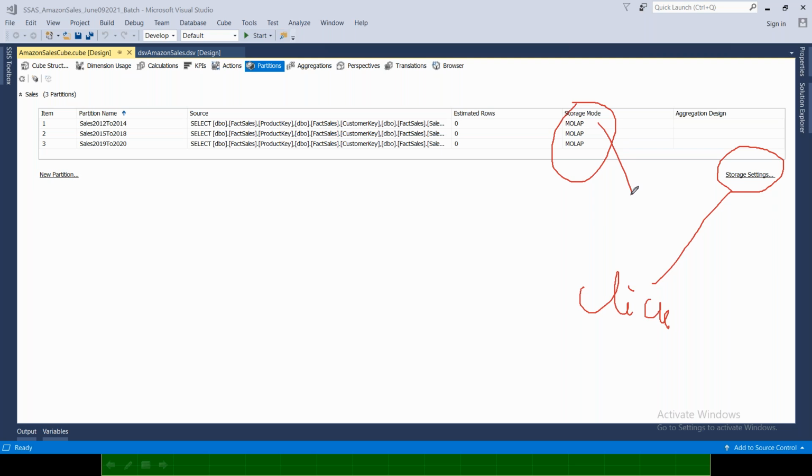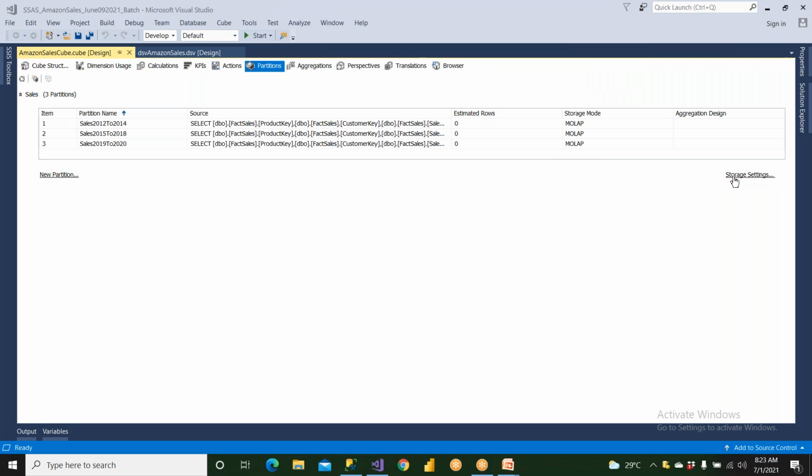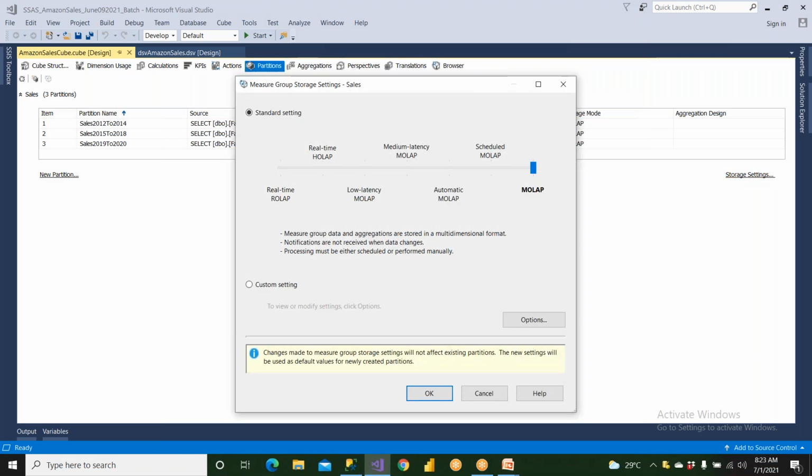Clear? So let us understand what is this storage mode, what is MOLAP, what is ROLAP. A lot of things we're going to discuss now, so it's a very important topic. When you click on storage settings, it opens one more window.